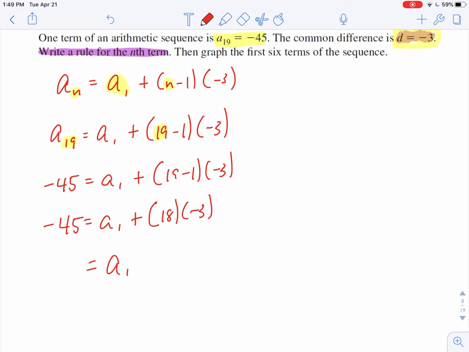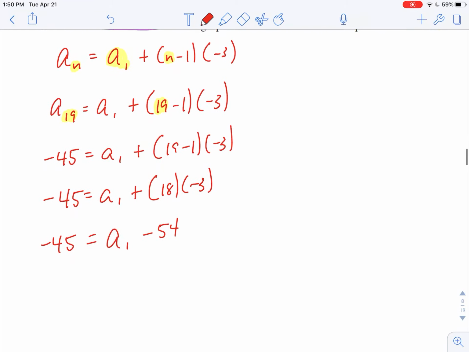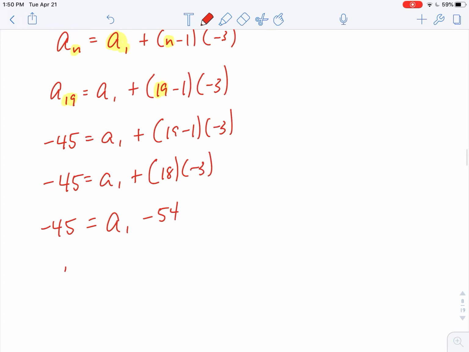So I've got a sub 1 minus 54 is equal to negative 45. Solving that using some algebra, we add 54, and 9 is equal to a sub 1.